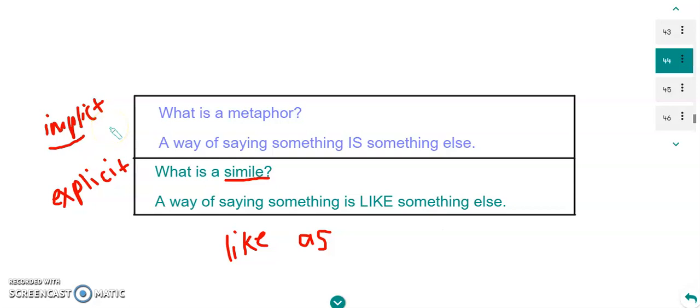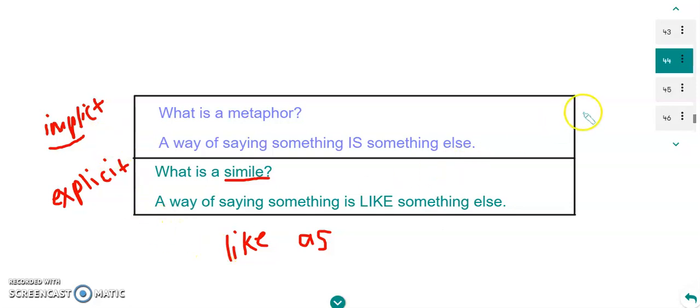It is implied, and the word you use cannot literally be applicable to the object or action you are describing. And metaphors do not use connecting words. In the case of similes, it is an explicit comparison, a way of saying that something is like something else, and you use connecting words such as like and as.